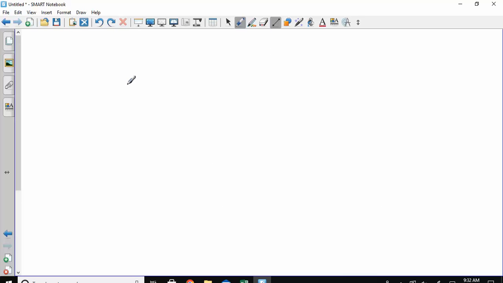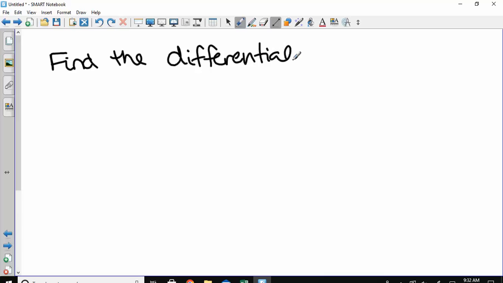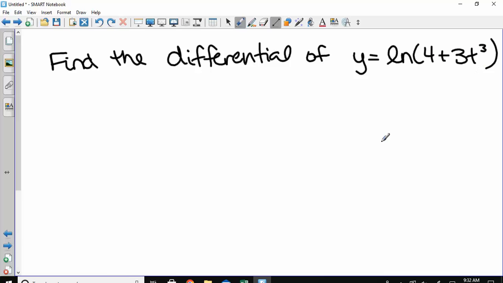All right, so I made some notes of some things that we maybe struggled with a little bit, some of the older stuff. If I said find the differential of y equals the natural log of 4 plus 3t cubed. Okay, differential means find dy.